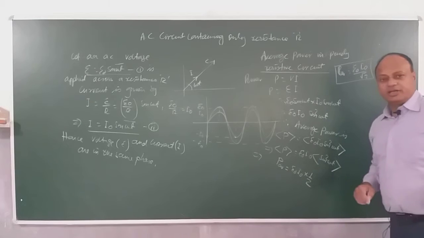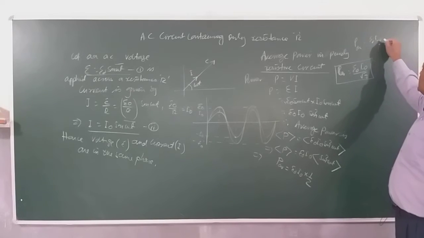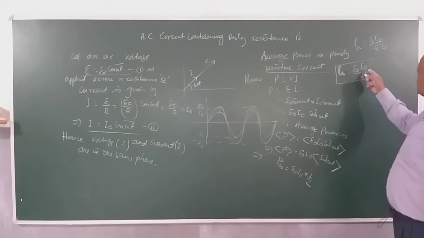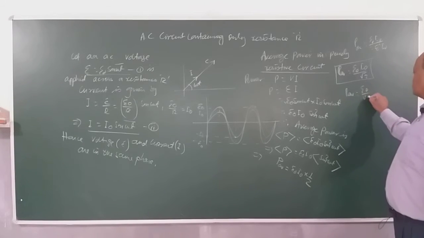If I compare power in a DC circuit, children, then the DC circuit will be just E naught I naught, or E into I. If I use E naught I naught, then this result can be written as average power is equal to E naught by root 2 into I naught by root 2.